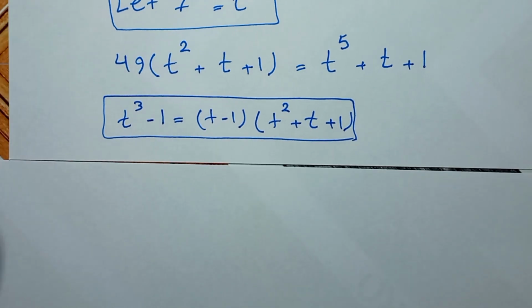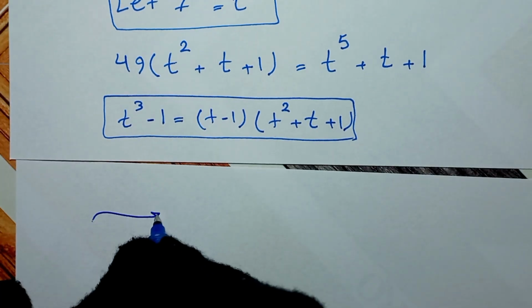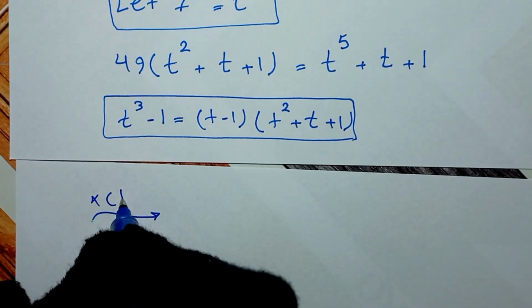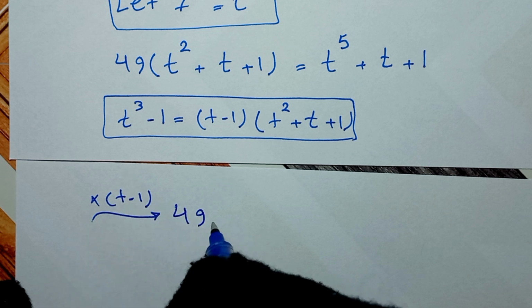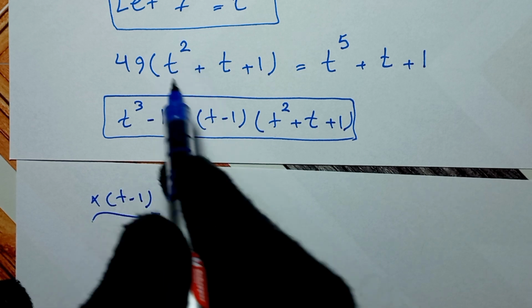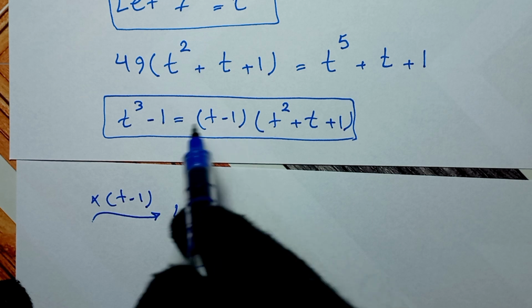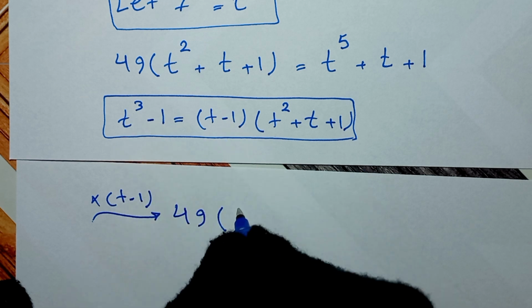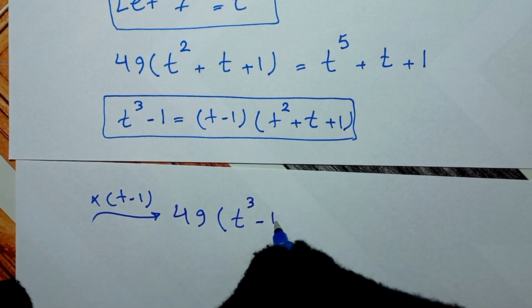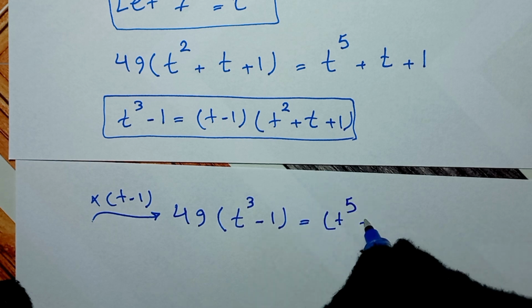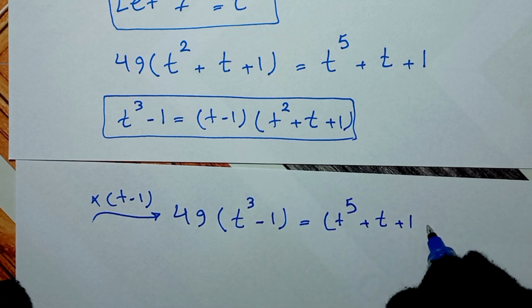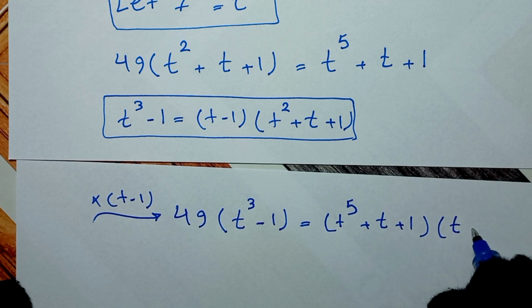So in here, we multiply by t minus 1 and it will be 49 times this times t minus 1, it will be t cube minus 1, right? So we write in here t cube minus 1 is equal to t to power of 5 plus t plus 1 times t minus 1.